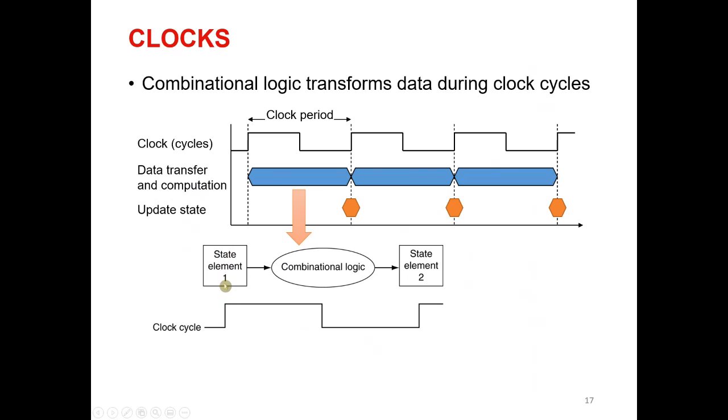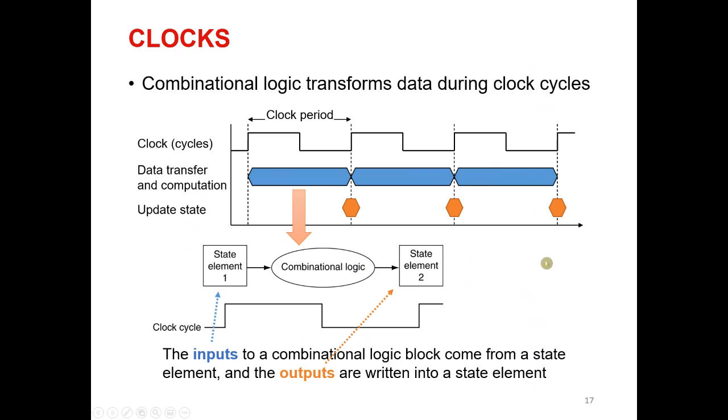So here the state is updated, then we apply some combinational logic to make computations, and then we update the state element again at the next rising edge. Remember that the combinational logic blocks only had inputs and outputs, but now with these elements we are capable of storing the inputs and the outputs of those combinational logic blocks.